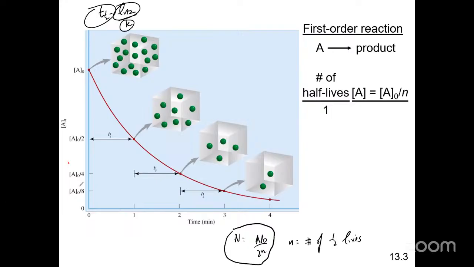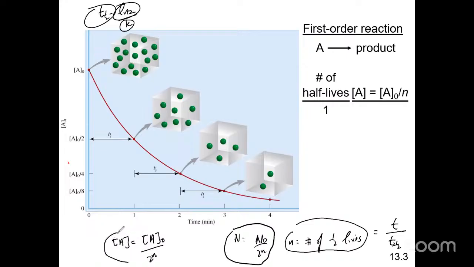So I can rewrite this as: the concentration of A after a certain number of half-lives is equal to the initial concentration of A over 2 to the n, where n represents the number of half-lives, which is equal to the time elapsed divided by the half-life. So we can calculate the concentration of A using this equation, as well as what I showed you before.